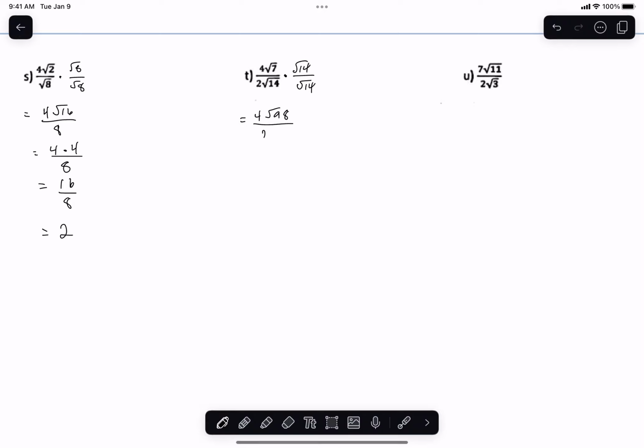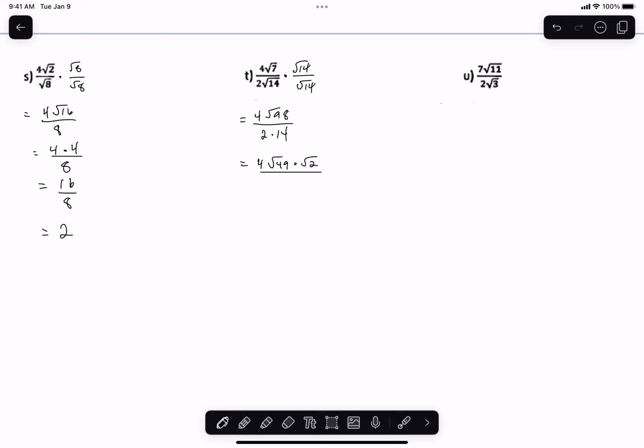Okay, from here, 98's a relatively new one. I didn't see this too many times on the practice sheet here, but it turns out that the root of 98 can be written as the square root of 49 times the square root of 2, and then that's going to be over 2 times 14, which would be 28.